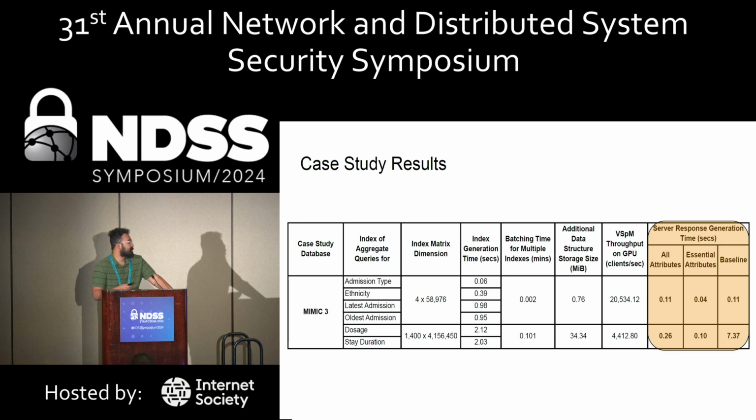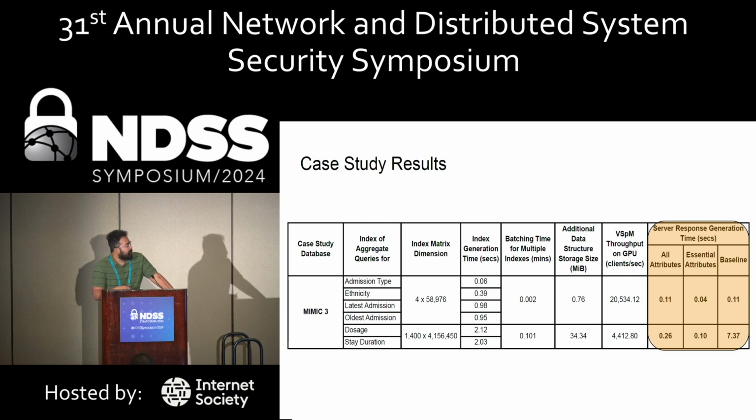Another thing to note here is that our protocol guarantees a single round of interaction between the client and the servers to produce the results, which is not the case for the baseline that we are comparing against and a lot of the contemporary work around ITPIR schemes that are out there.